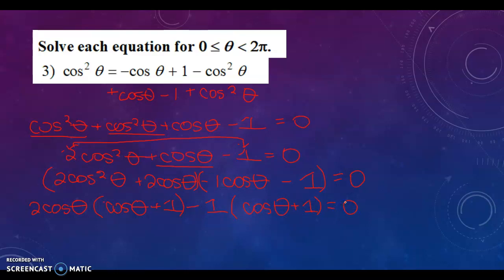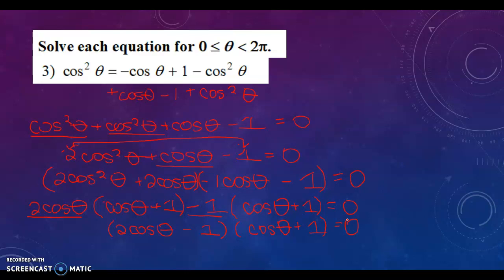All right, notice I have a cosine theta plus 1 in both of these, right? So I can rewrite this. I can take the outside numbers and write this in factored form. I have 2 cosine theta minus 1 times cosine theta plus 1, and that equals 0.